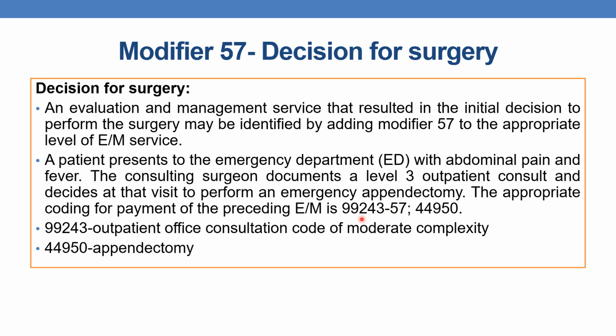This is an outpatient consult code along with 57 modifier, and appendectomy procedure code 44950. 99243 is the outpatient office consultation code of moderate complexity. Here 57 modifier is used to indicate decision for surgery because the decision for appendectomy has been taken, followed by appendectomy code 44950.